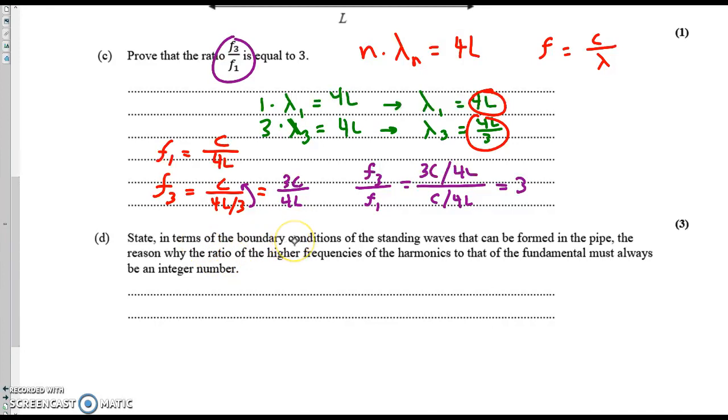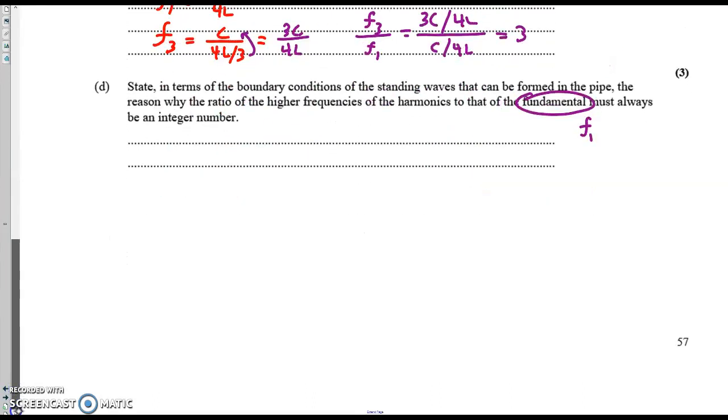State in terms of the boundary conditions the reason why the ratio of higher frequencies to that of the fundamental, this is another name for F1, must always be an integer. As soon as we see "in terms of the boundary conditions," that means you have to describe the boundary conditions for this pipe.